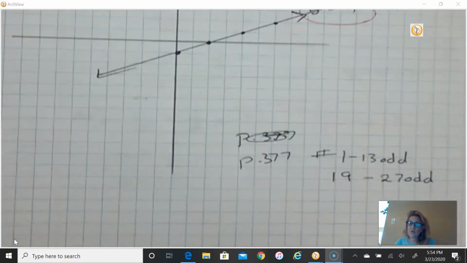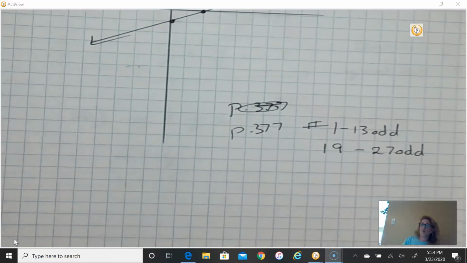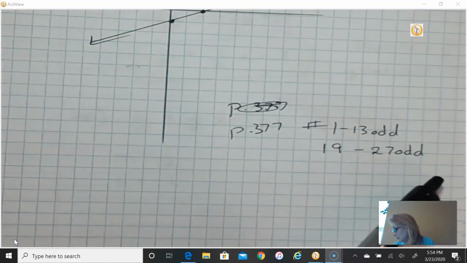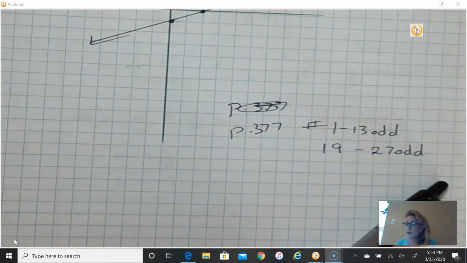Okay, so that's 12 problems right there. Read the directions carefully so you know what you're doing. You need to do a lot of graphing for practice, okay? I would make you do a lot more in this section, but I'm not going to. So therefore, you need to practice this graphing. It's very, very, very important.